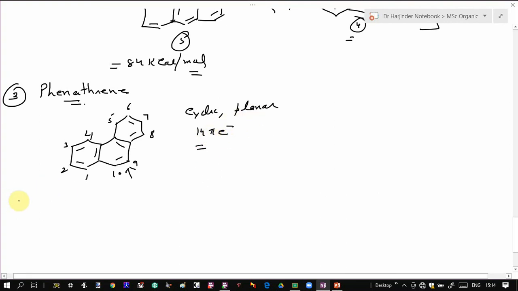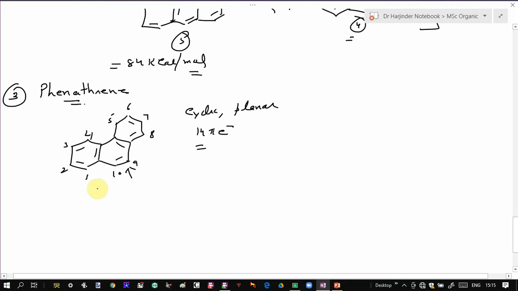Okay. Now resonance structures, you have to write them by yourself as we have discussed the method above. And again, as I told you, at position number 9 and 10, in more resonance structures, the double bond is over position number 9 and 10. So it has more double bond character at position 9 and 10.